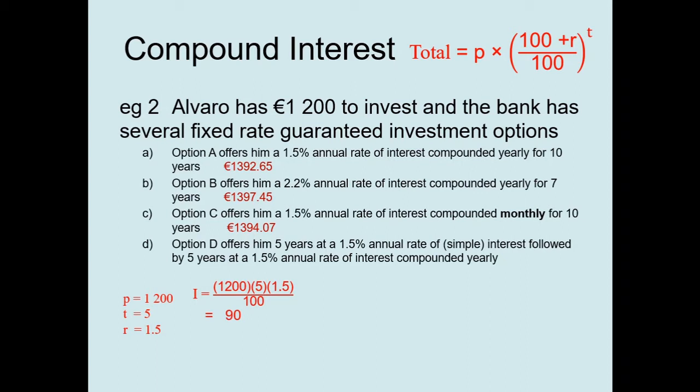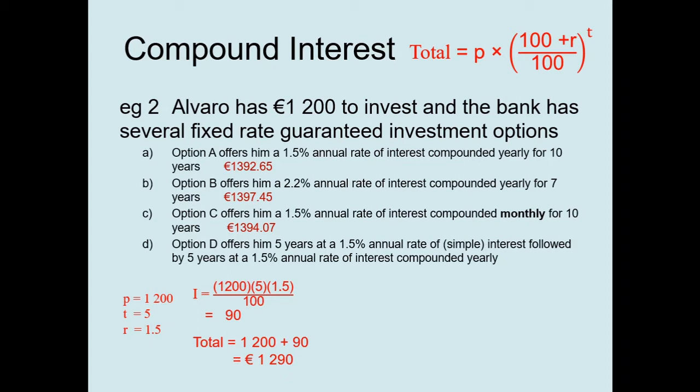So by the end of that first 5-year period, we should have 1,200 plus the 90 in interest, that's 1,290 euros. Now this is important because this is the amount that we can now invest in that 1.5% compound interest offer that we have. Right, so setting up our variables again.